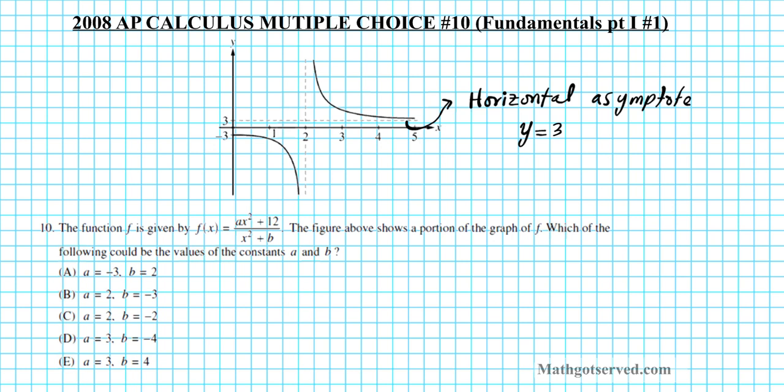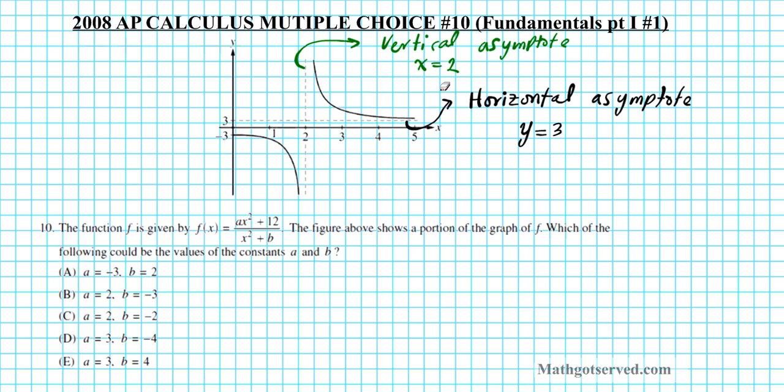The line that goes up and down is your vertical asymptote. This is going to be an x line. X equals, where does this vertical line cut the x-axis? X equals 2. So the question is, if you're given a rational function of this nature, can you find the horizontal and vertical asymptote?